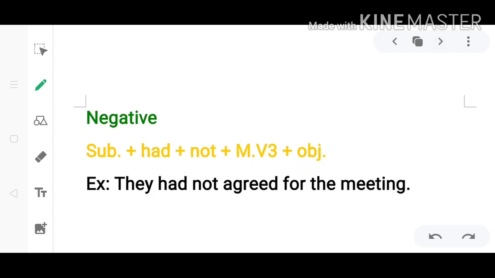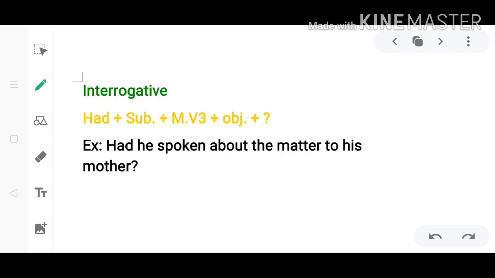Now you will see how to create the negative. As usual and simple, you have to put not between the helping verb had and the verb third form. For example, they had not agreed for the meeting. Here we have put not between had and agreed. Now we will see the interrogative. For creating the interrogative, you have to put the helping verb before the subject, and at the last add a question mark.